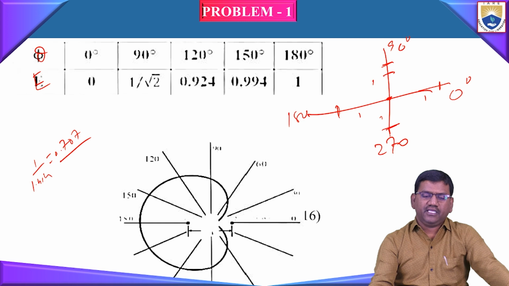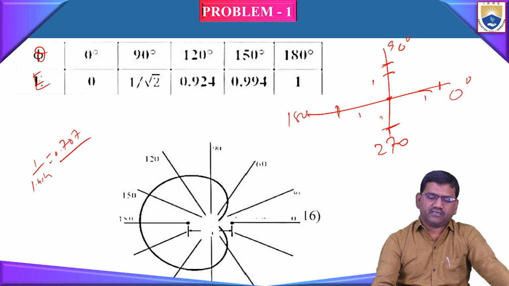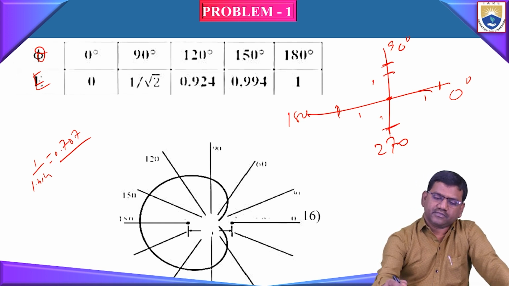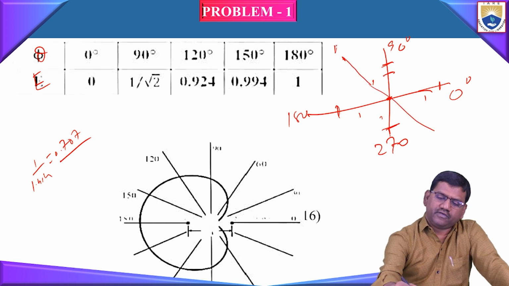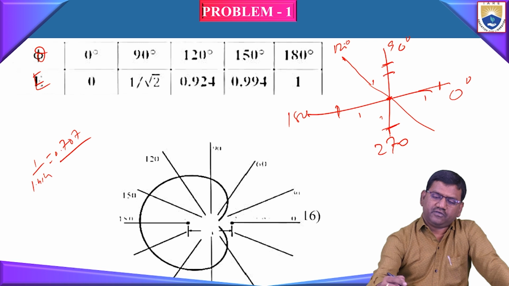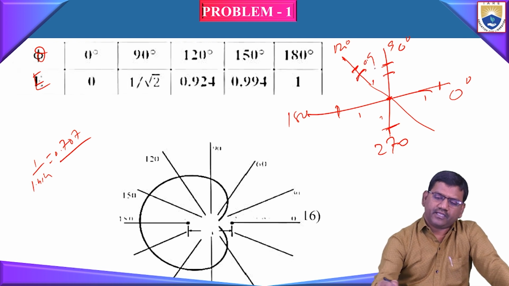Similarly for 120 degrees, let us take 1 unit like this. For 120 you will get 0.9 here, and this is 0.7 here.